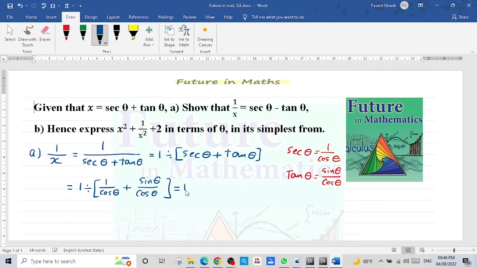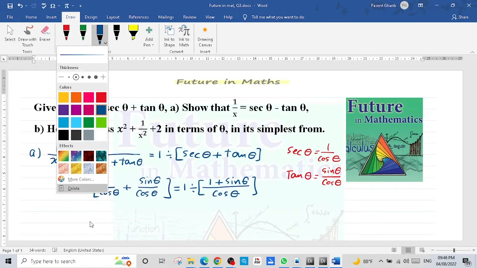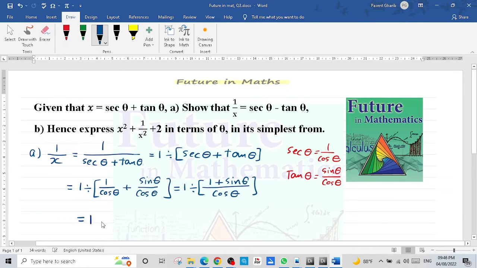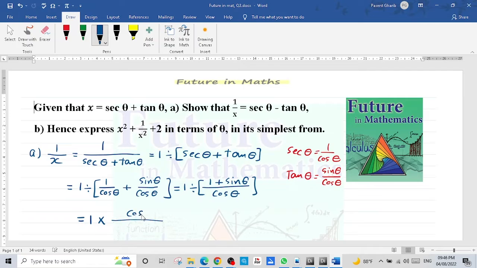So we can write this as 1 divided by, open bracket, the denominator is common, cosine theta, and the numerator is 1 plus sine theta. We can convert the division to multiplication and flip the second fraction. So we write this as 1 multiplied by the flipped fraction, so it will be cosine theta over 1 plus sine theta.